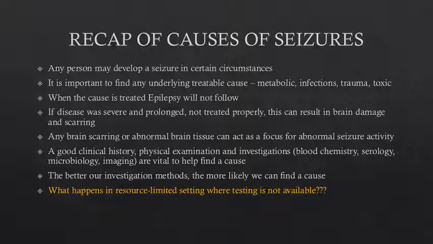So what happens in a resource-limited setting where testing is not as available? We rely primarily on a good clinical history and physical exam. With or without investigations, a good clinical history and assessment can give us a lot of information to figure out the type of seizure and choose appropriate medications.